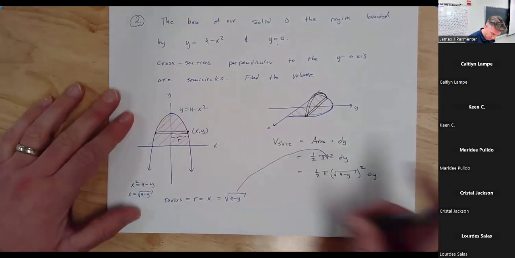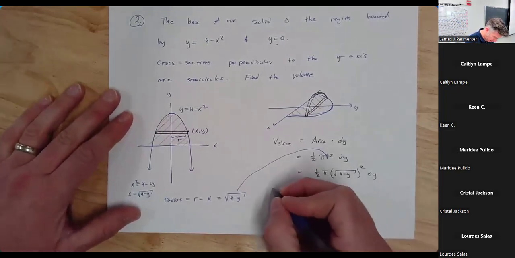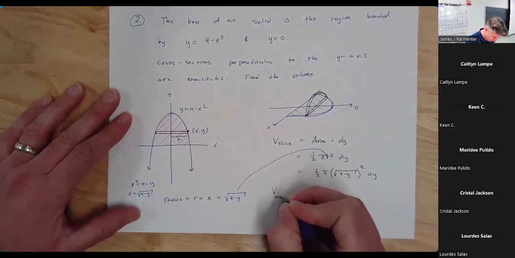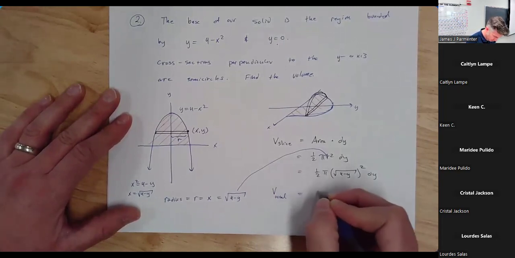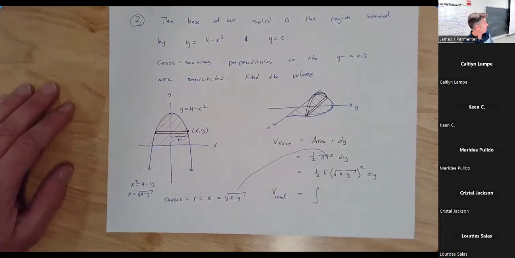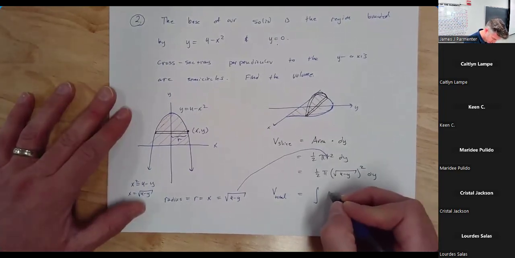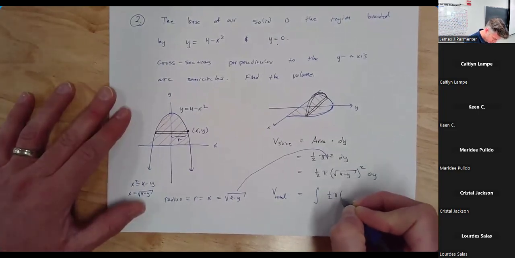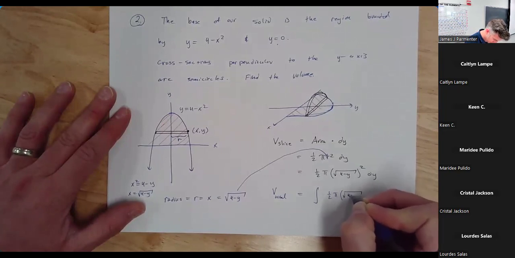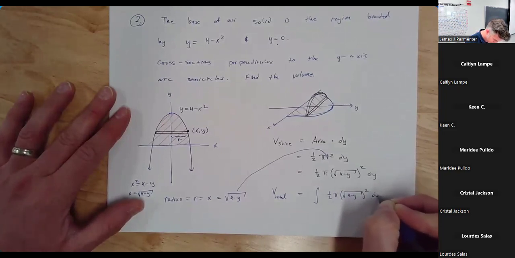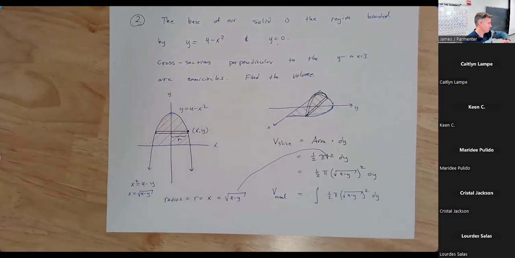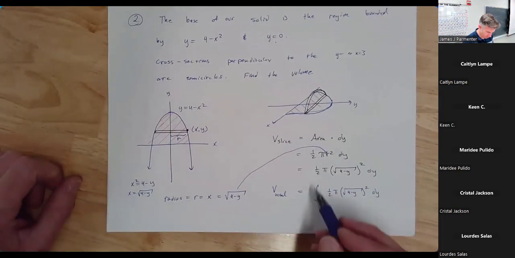Then to find the total volume, in fact, I want all of you to set up the integral for the total volume. You should figure out the limits of integration of all that. I'll give you half a minute here to figure out what my limits of integration should be.